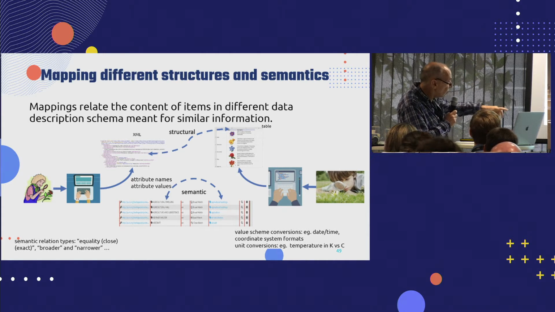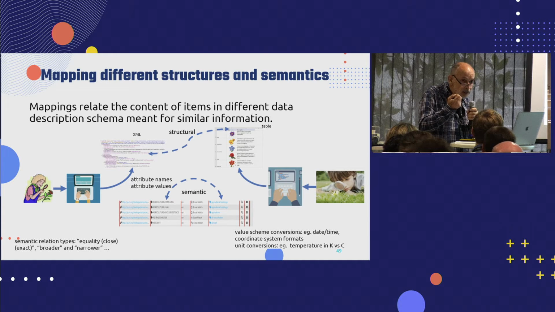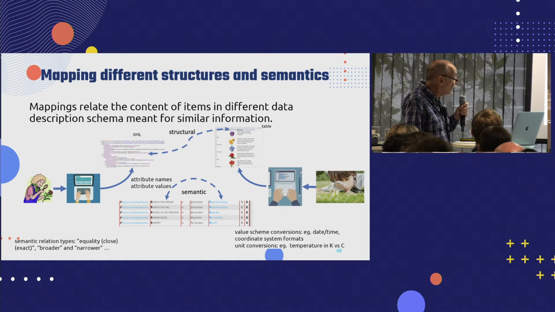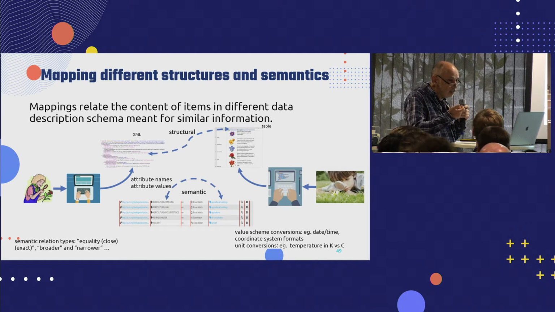Before I forget it, of course, sometimes there are value schemes implied in filling in values in a table cell. For instance, you fill in a time format. Well, there are multiple time formats available, and you have to make sure that what you fill in as a time in the one can also be translated to the other.